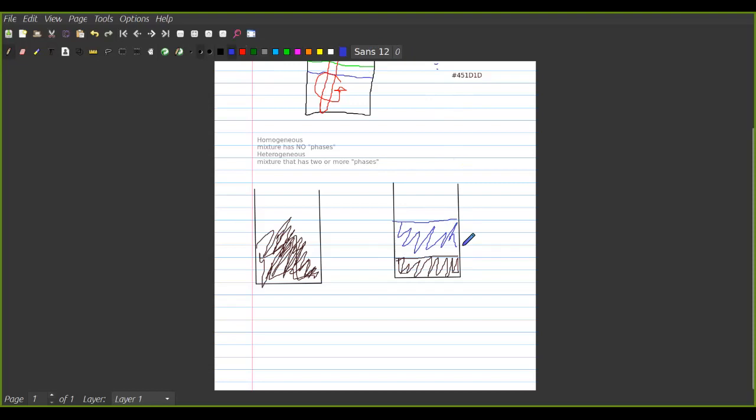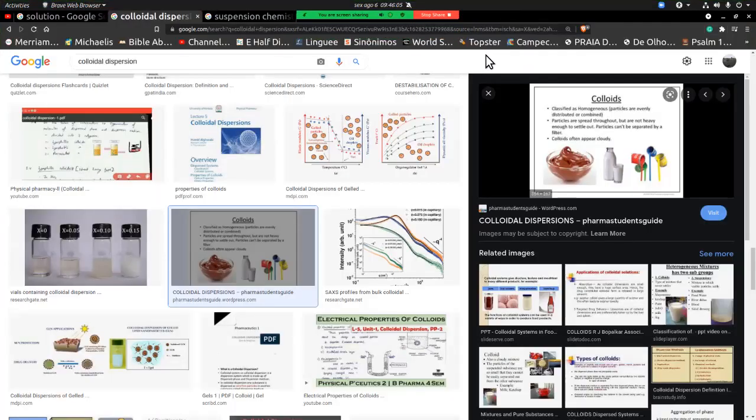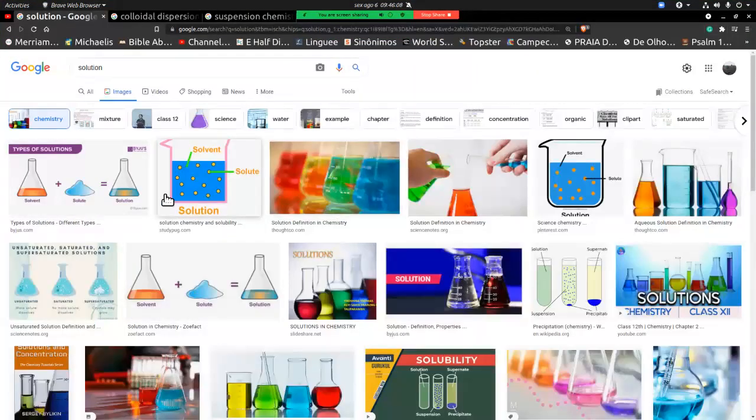If the particle size is less than 10 to the negative 3 micrometers, which is 1 over 1,000 micrometer, it's a solution. Then we have a colloidal dispersion, and then we have a suspension. Let me show you each one of these. In a solution, we have the solvent, which we have in greater quantity, and the solute, and it gives us a solution.